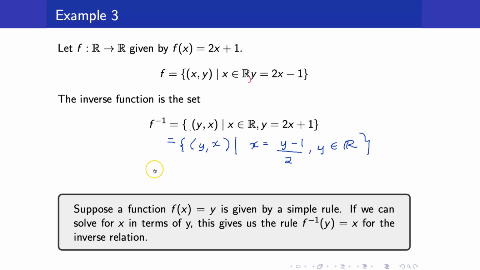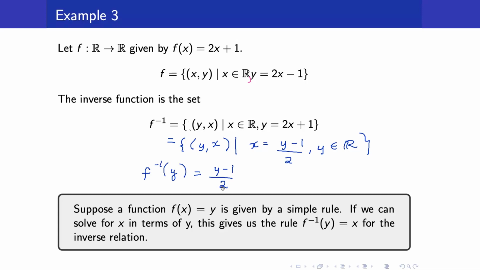And we now therefore write the inverse as f inverse of y. The second coordinate is given by, that's the reason why we always want the second coordinate to depend on the first coordinate, because this is our output. F inverse of y is y minus 1 all over 2.